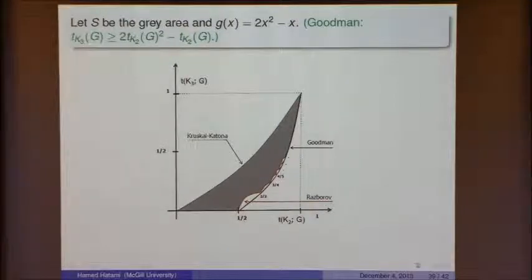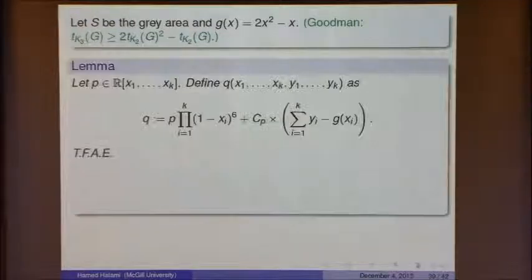Okay, so I'll give you the reduction. Let S denote this gray area, and let g denote Goodman's bound. So it's this curve here at the lower part of this gray area, 2x squared minus x, which corresponds to Goodman's bound. Now I have a polynomial p as an input. I want to do a reduction, so I'll use this to construct the following polynomial q.